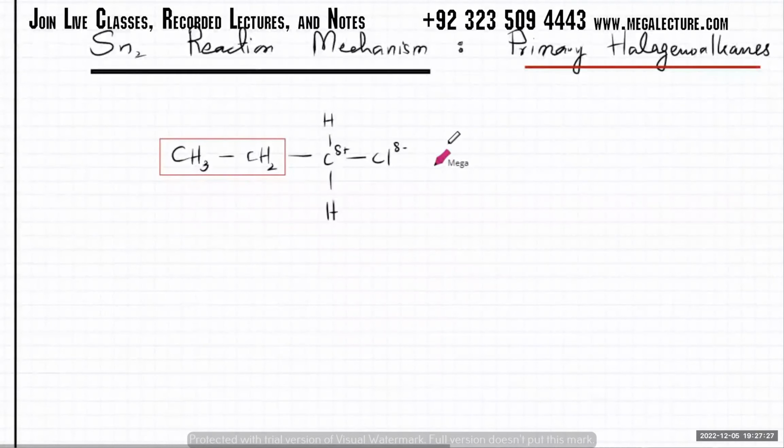So what happens is, if you add a nucleophile to it, and that nucleophile could be OH-, or it could be CN-, or it could be NH3, any one of them, the nucleophile is going to get attracted to the carbon that's positive.